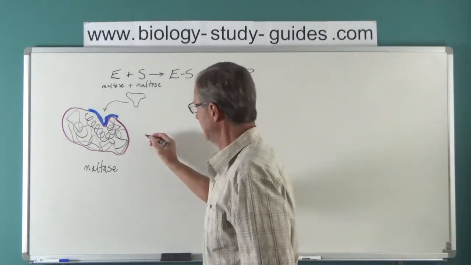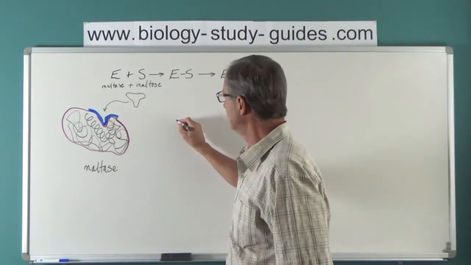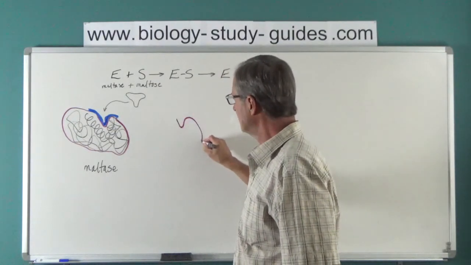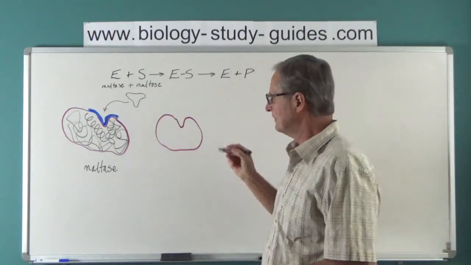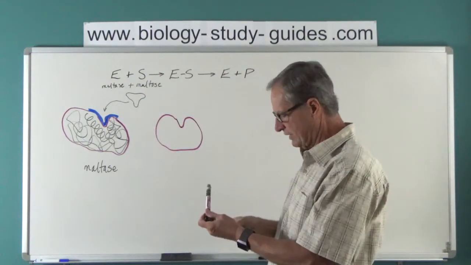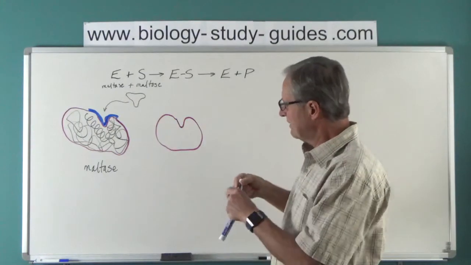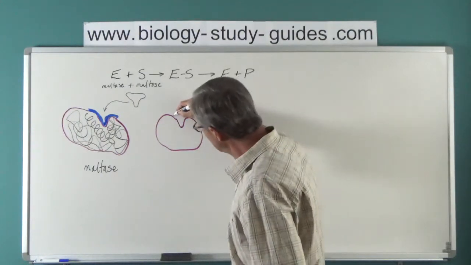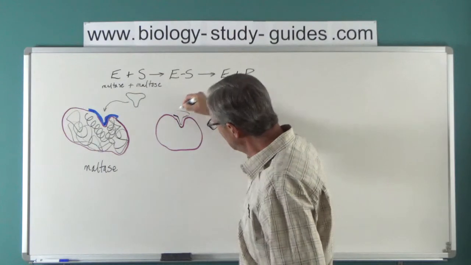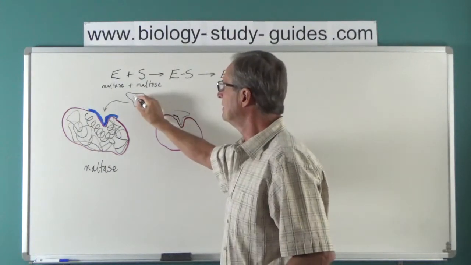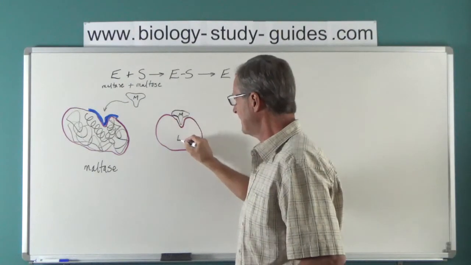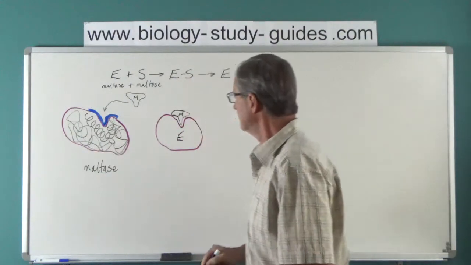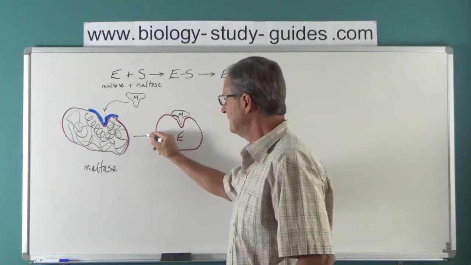So I'm going to draw this again here. It doesn't look exactly the same, but it's close enough for what we're doing here. And if that's the enzyme, the substrate, maltose, this is our enzyme, fits exactly in there, into the active site.